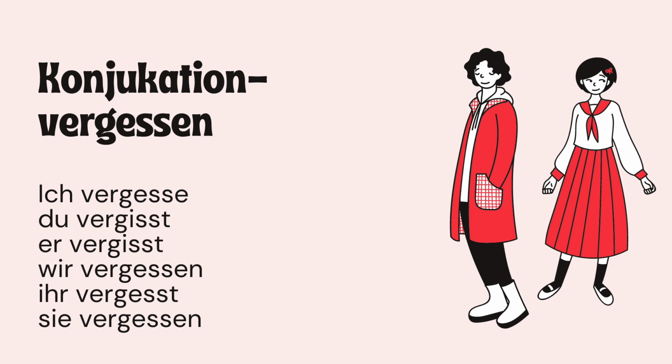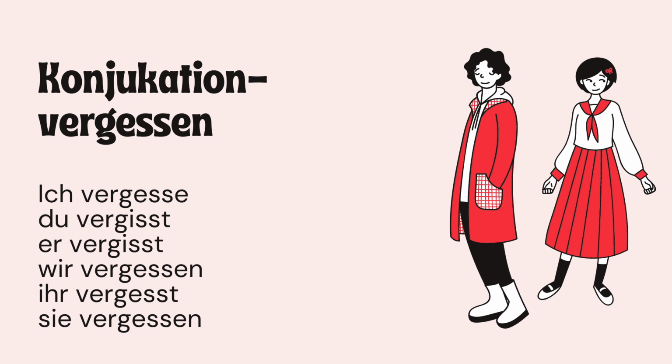So then in the next slide, we can see the verb vergessen, which means forget. So the conjugation of this verb. So ich vergesse, du vergisst, er vergisst, wir vergessen, ihr vergesst, sie vergessen. So basically this conjugation is in the present form, I should say.